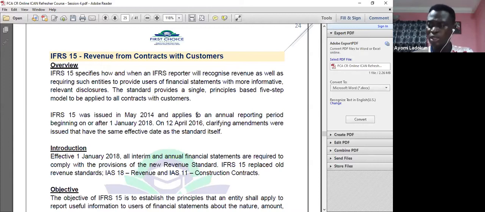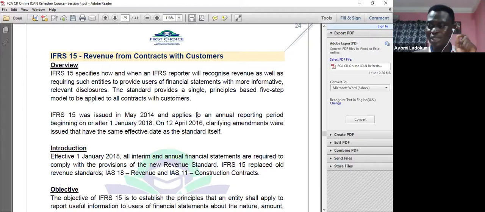Okay, so obviously IFRS 15 has replaced IAS 11 and IAS 18 revenue. IAS 11 is what they call construction contracts.